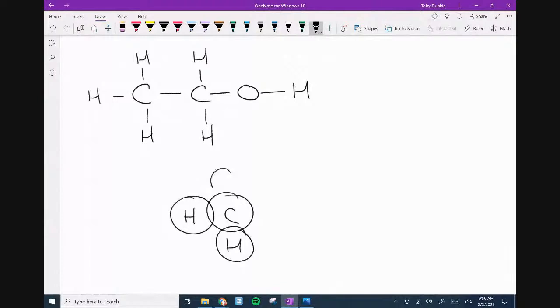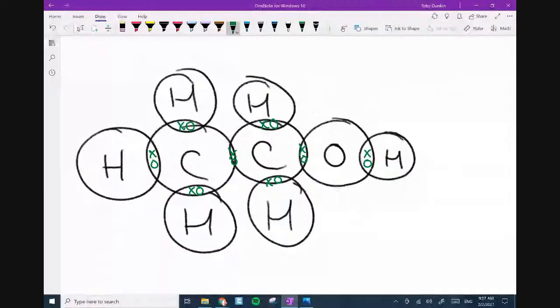All of them are, which means I just have to do this: dot, cross, dot, cross, and so on. Now make everyone add up to 8 except hydrogen, because hydrogen only needs 2.